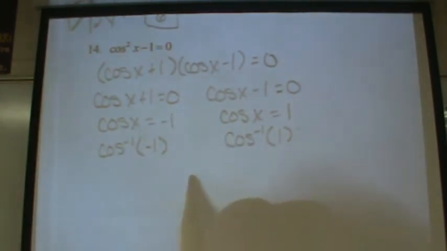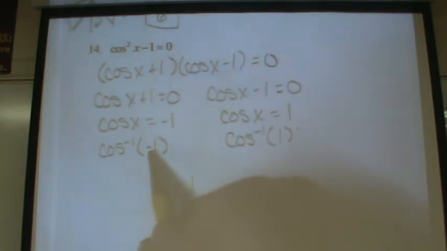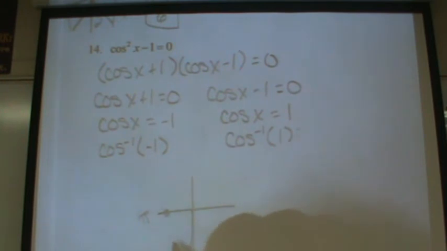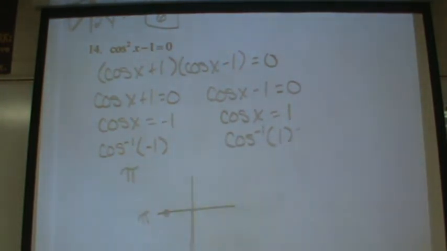This goes back to our triangle, well, our unit circle. Our definition for cosine was x over r. So for inverse cosine of negative 1, we're looking for where x is negative 1. That's back here at pi. So you're going to get pi for the inverse cosine of negative 1. And then inverse cosine of 1, you're looking for where x is 1.